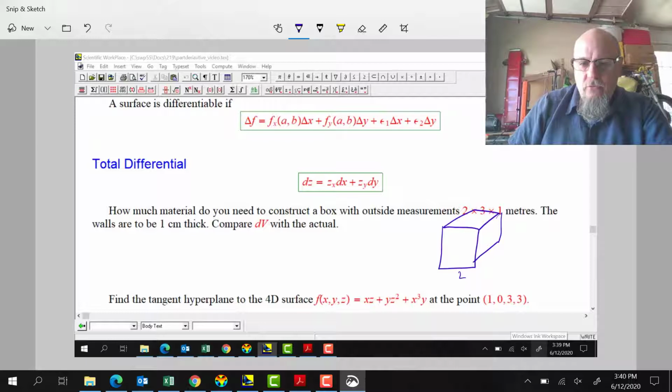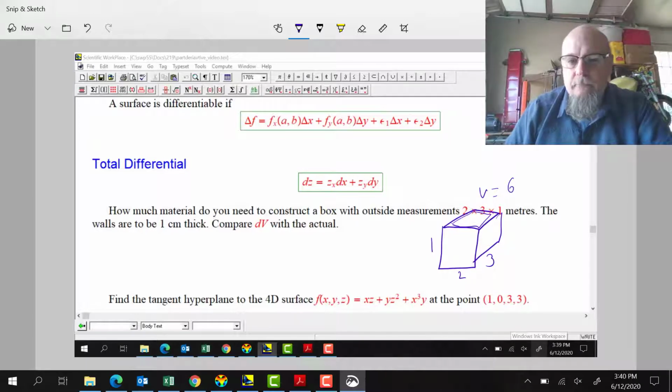Yeah, terrible. 2, 3, 1. There's the outside measurements. The inside measurements, well, they're just a bit skinnier, right? So the actual outside volume is 6 cubic meters.